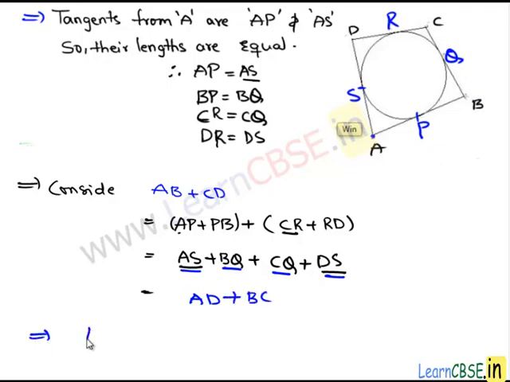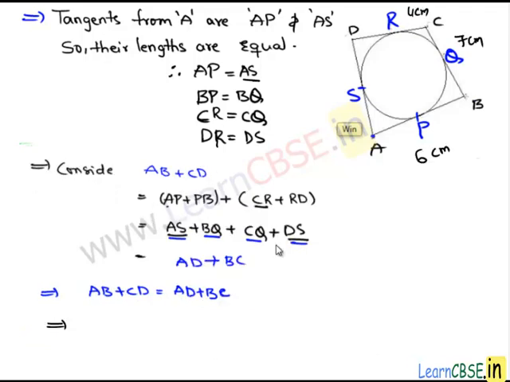That means when a circle touches four sides of a quadrilateral, the sum of any two opposite sides are equal. Here the sum of AB and CD is equal to the sum of AD and BC. So by using this condition, we can find the remaining side AD. In the question we have the lengths of sides AB as 6 centimeters and CD as 4 centimeters, and BC is 7 centimeters.